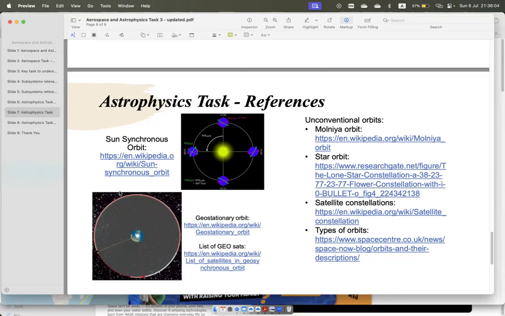Sun-synchronous orbit is by far the most common these days. For our satellite, we are very likely going to be in a sun-synchronous orbit between 500 and 600 kilometers, from the manifest we've been given so far. So think of this as an orbit that allows you to do things in a predictable manner at a predefined time. A very common orbit.